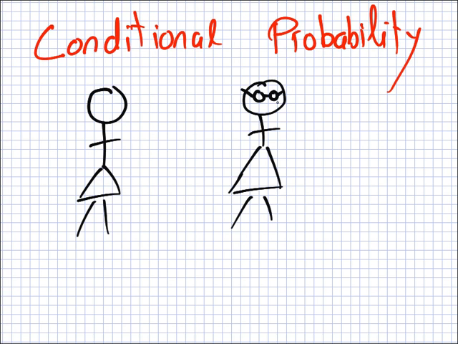So, you have two people, two ladies, one without glasses and one with glasses. In the first case, I ask you, what's the probability that this random lady you meet is a librarian? Whatever the probability is, we'll just say it's P1.